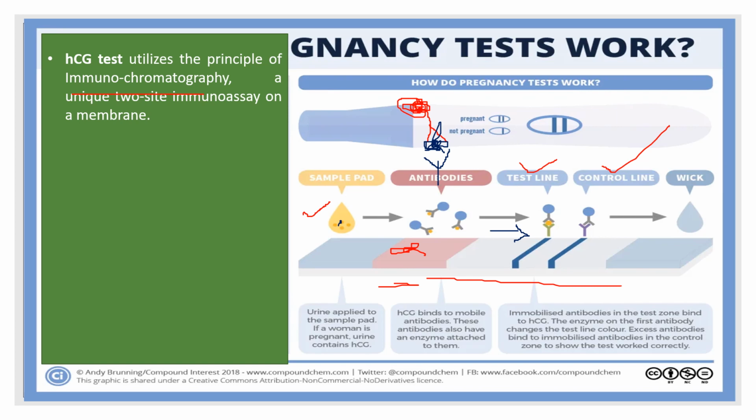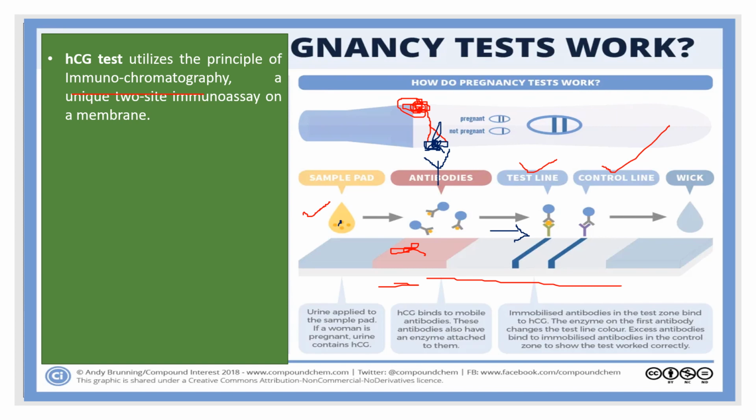Now, the extra amount of the mobile antibody which is not bound to the HCG will go further laterally and come to the control area, where another type of antibody, a mouse immunoglobulin G, is coated or immobilized.